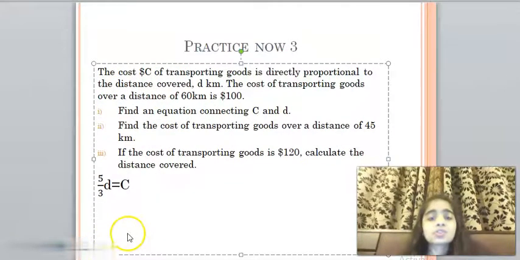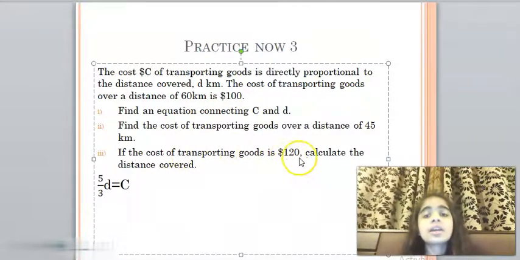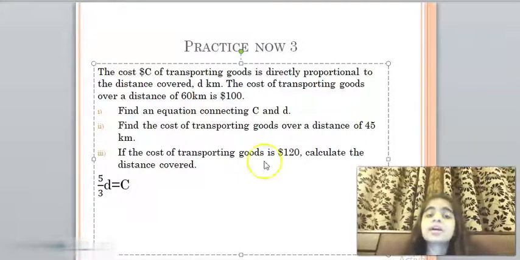Now let's go through part number 3. If the cost of transporting goods is $120, calculate the distance covered. Now this time I have the cost, but what is missing? Yes, the distance is missing. Okay, so again, very easy. I just need to input all this in my formula. So 5 upon 3D will come as it is because I do not know my D. I do not know the distance.